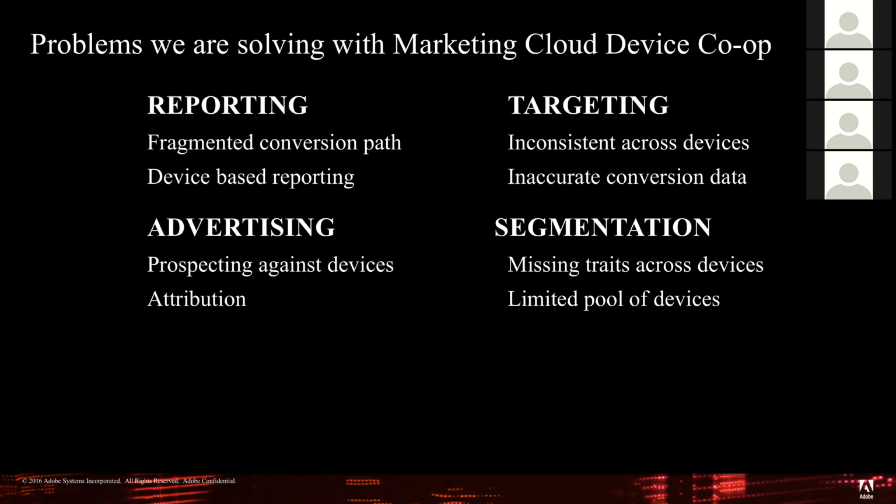From an advertising perspective, currently marketers are prospecting against devices. We talked a couple minutes ago about global frequency capping. Well, frequency capping is a major issue here, because frequency caps are done on a per device basis.